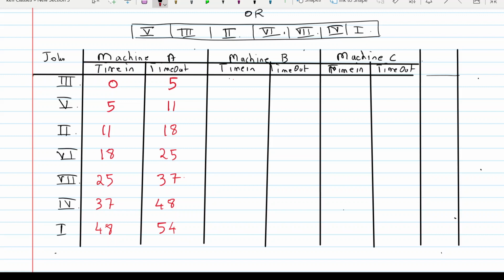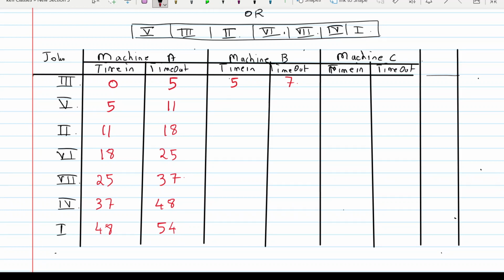Then machine B में first this will enter in at 5. Which is the job? Job 3. Job 3 is for how much time? 2. Okay? समझते हैं? 7. So this is 7. No, not 7. Sorry. 11. 11.